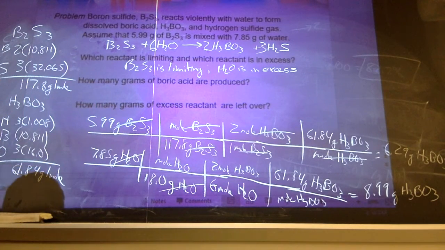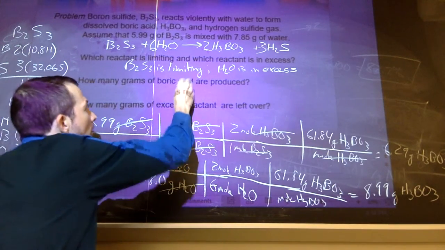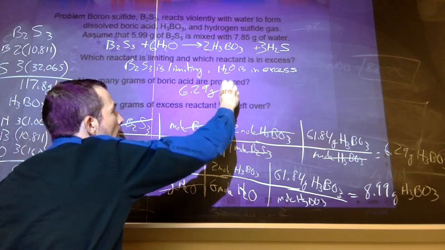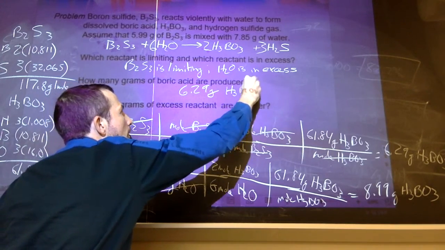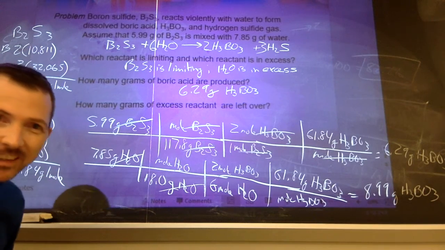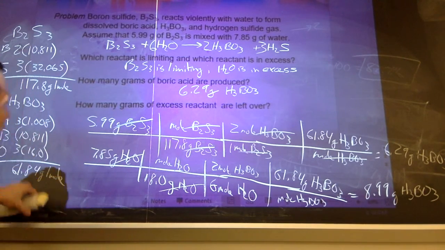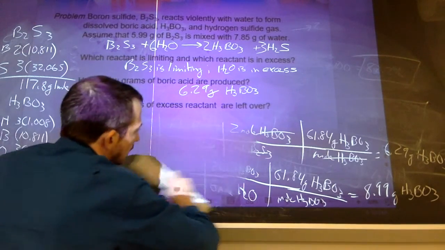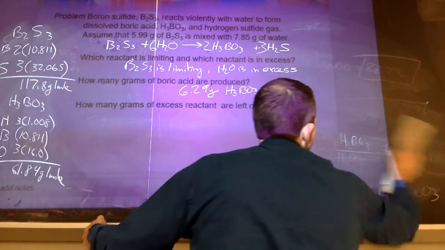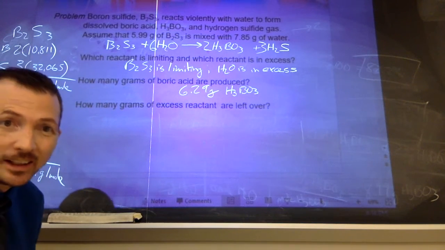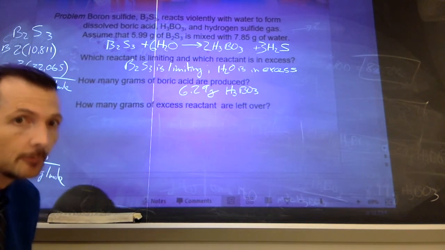How many grams of boric acid are produced then? 6.29 grams. Now, how many grams of excess reactant are left over? So to figure that out, I need to know how much reactant to begin with.